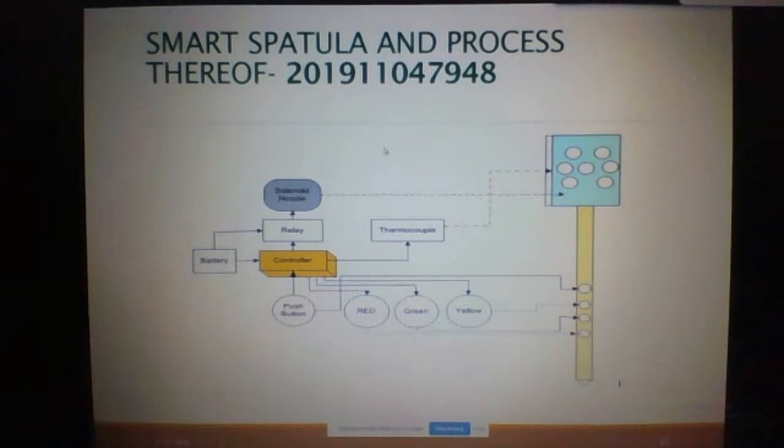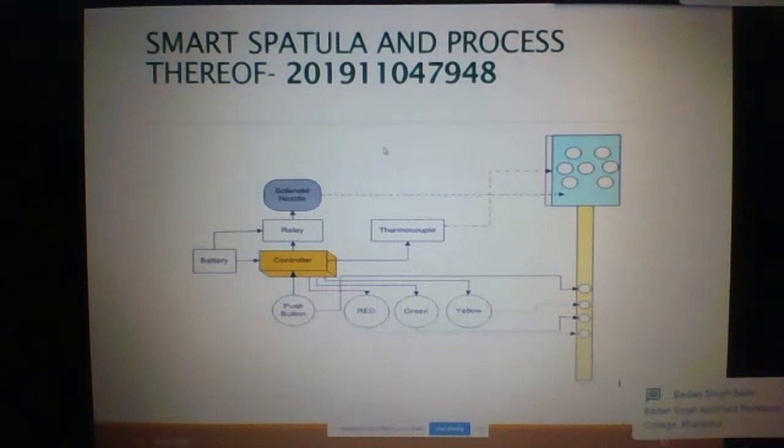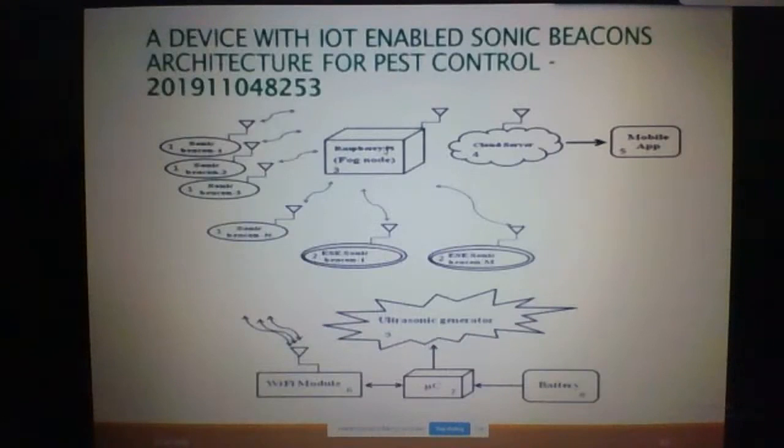Then they made a team of 4 or 5 members: one mechanical, electronics, forensic science. So an idea is not restricted to your branch. I am electronics, but I am not thinking of something else out of electronics. So please think of anything which will make life easier. That is called innovation.